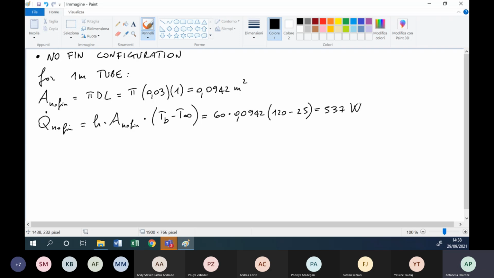Now I want to calculate the second case, the second configuration, the finned configuration.